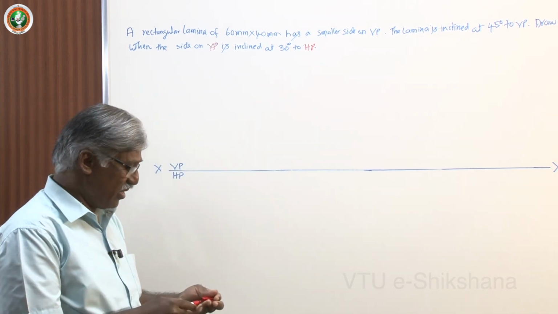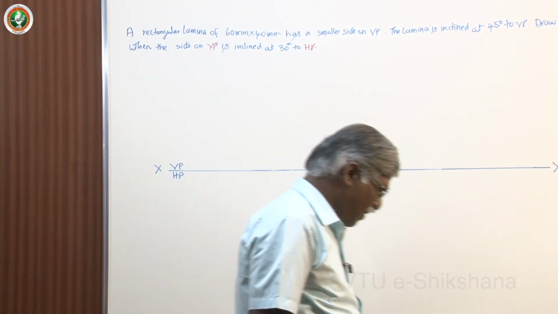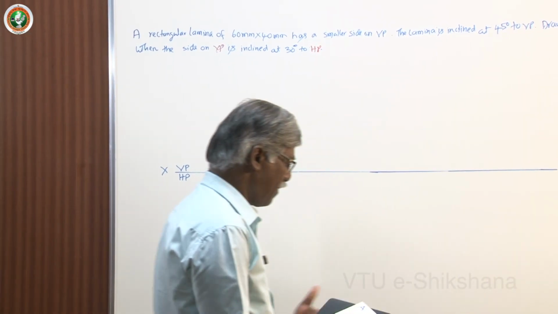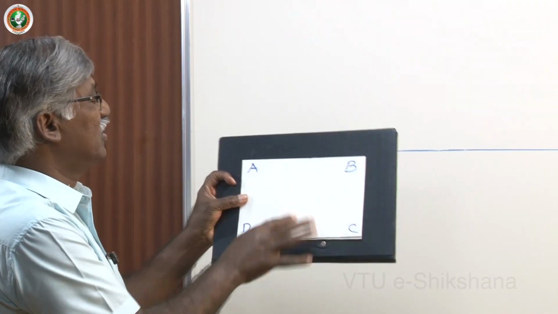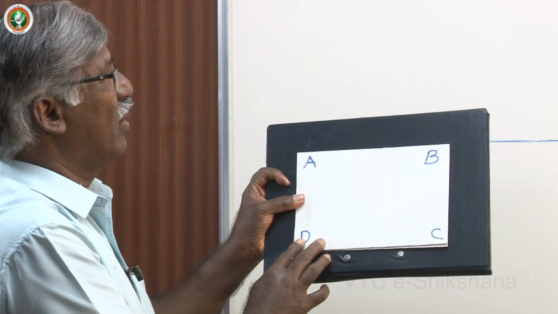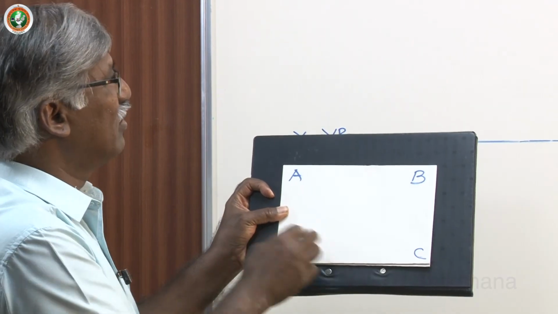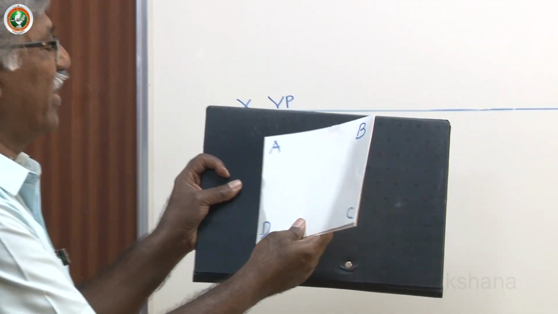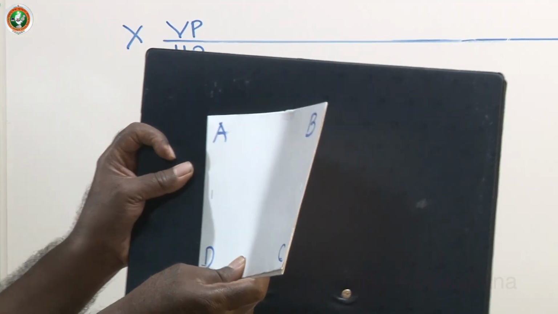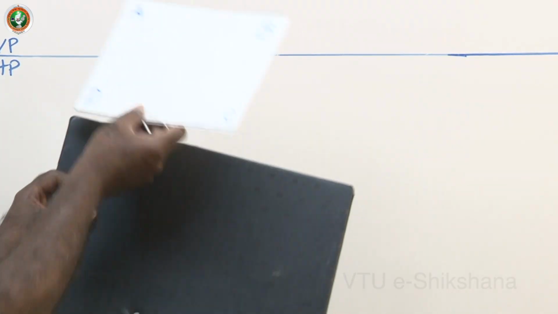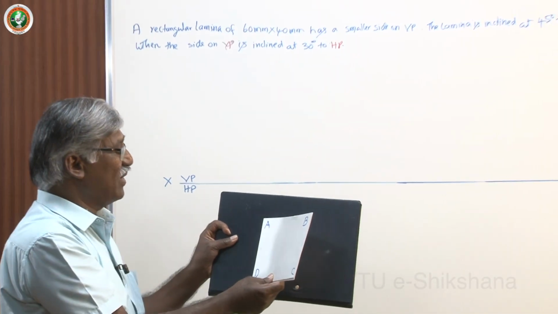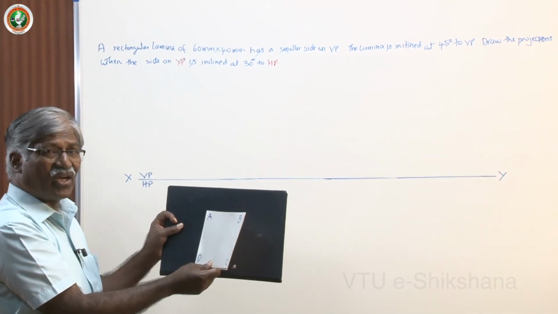Okay. Now let me demonstrate the same. Rectangular lamina of 60 mm by 40 mm has a small side on VP. Let me have it like this and give inclination to the VP by 45 degrees. Then the side on VP is actually perpendicular to HP right now.